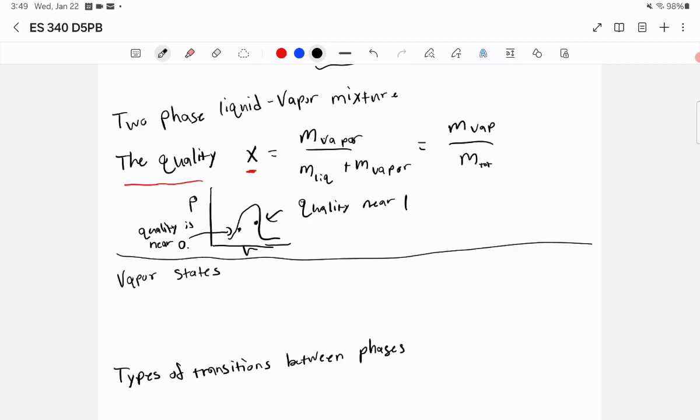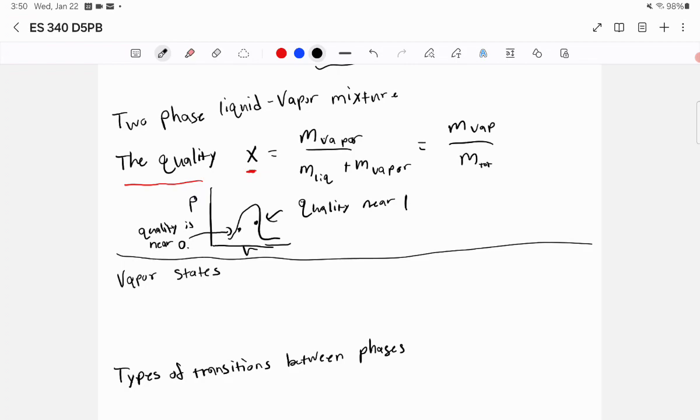But if you were to imagine a case where it got above 1, which obviously makes no sense, as we go over further, the volume gets larger beyond the saturated vapor state. In that region, now we are in the superheated vapor region.